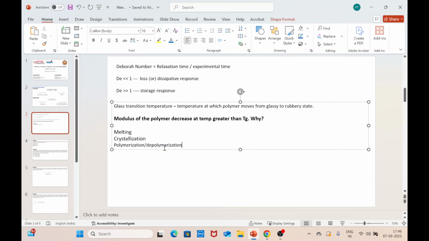Is it going to be amorphous or crystalline? And given the values of the enthalpy of melting and crystallization, we can determine the percentage of crystallinity in these polymers.